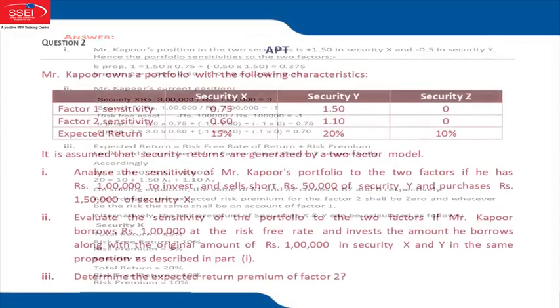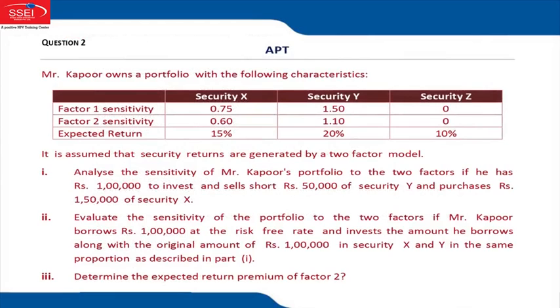Let's go back to the question. In question number 1, analyze the sensitivity of Mr. Kapoor's portfolio. Sensitivity means beta of the portfolio with respect to two factors, that means beta 1 and beta 2.